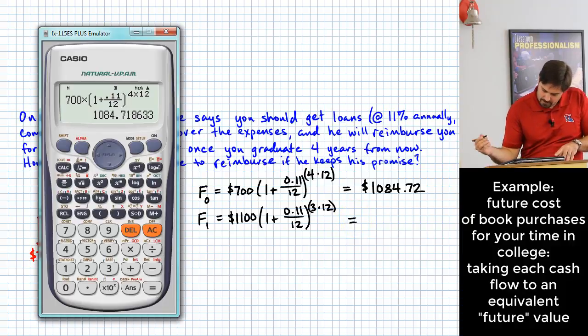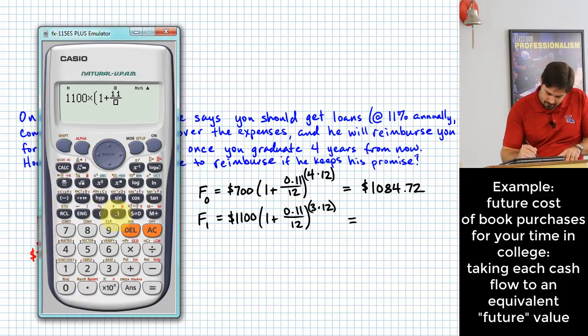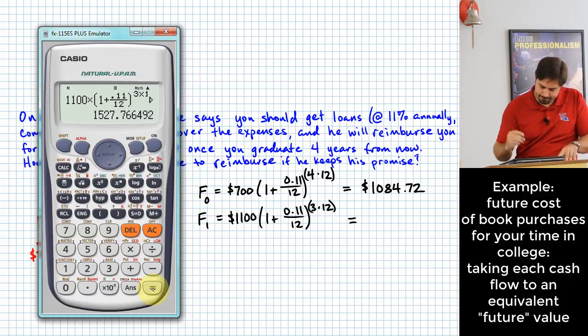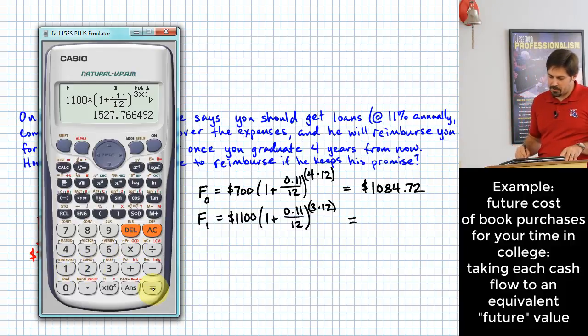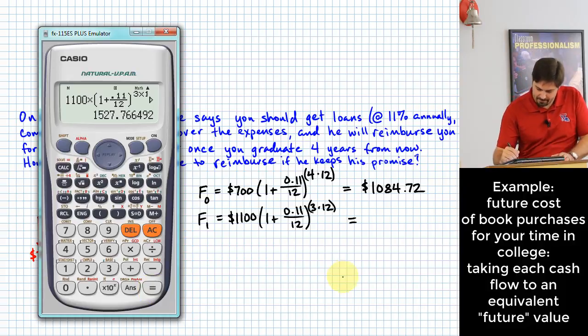So 1,100 times 1 plus 0.11 over 12, and this is raised to the 3 times 12. So that'll be 1,527.77.